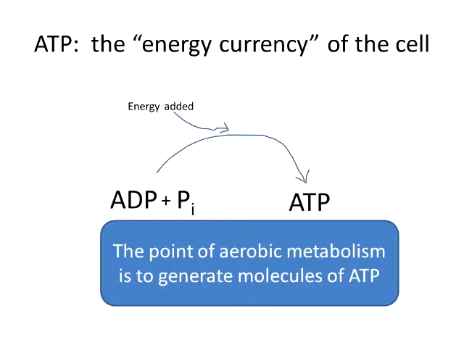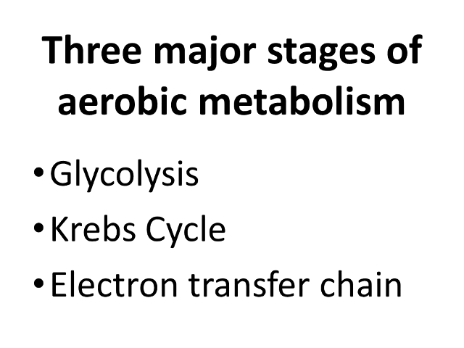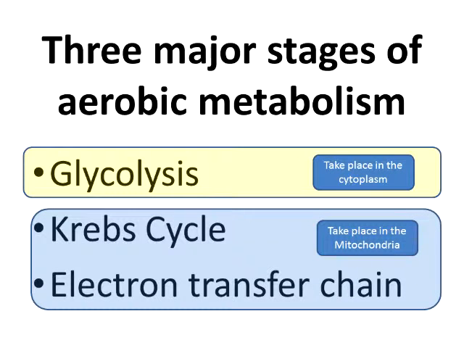If we look at the many steps involved in aerobic respiration, we can break them into three major stages. The three major stages are glycolysis, the Krebs cycle, and the electron transfer chain. Glycolysis happens in the cytoplasm, and the Krebs cycle and the electron transfer chain happen in the mitochondria.